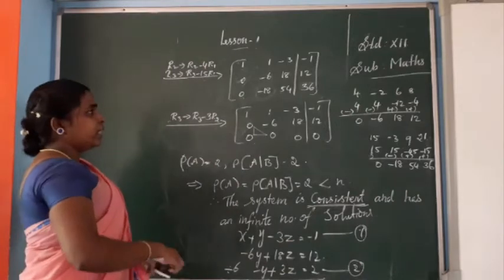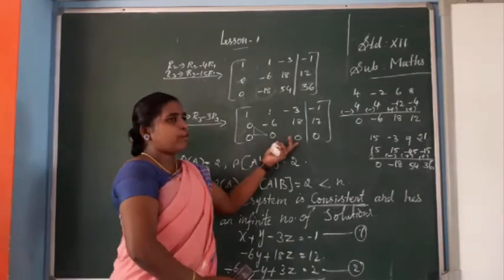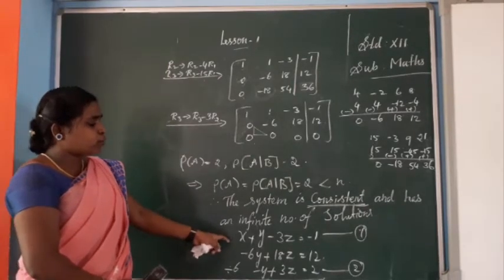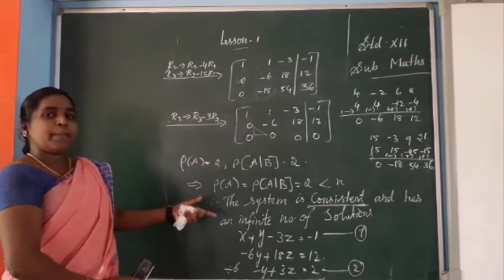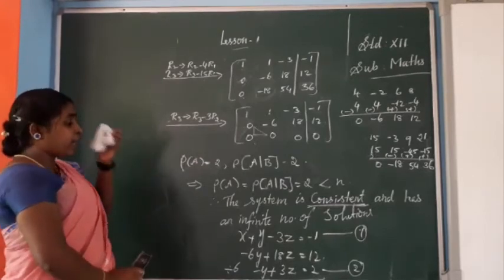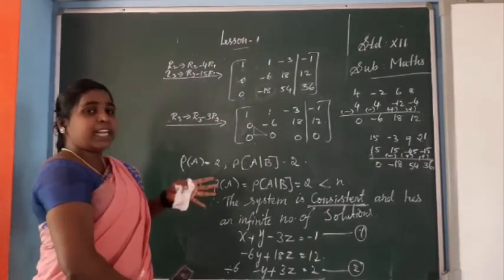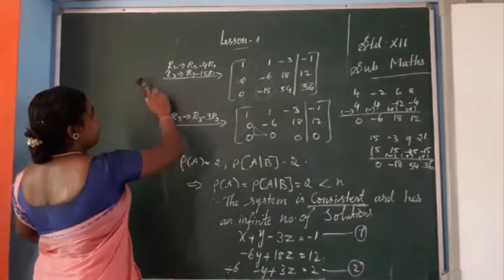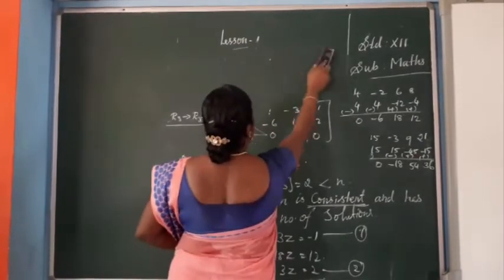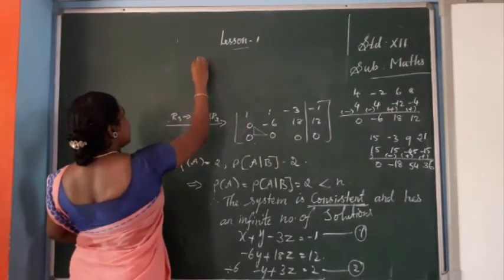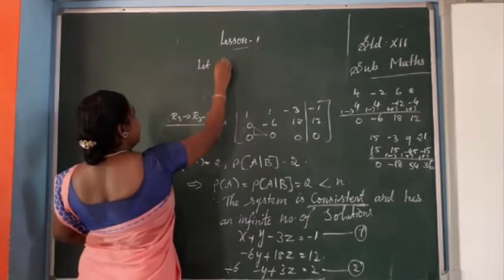Now you see the last row is fully 0. So actually in our question there are 3 unknowns, but we have only 2 equations. If you have 3 unknowns, we need 3 equations, then only we can solve. Here only 2 equations, but 3 unknowns. So you have to assume one value. Let z equal to k, k or t, any one you can take.